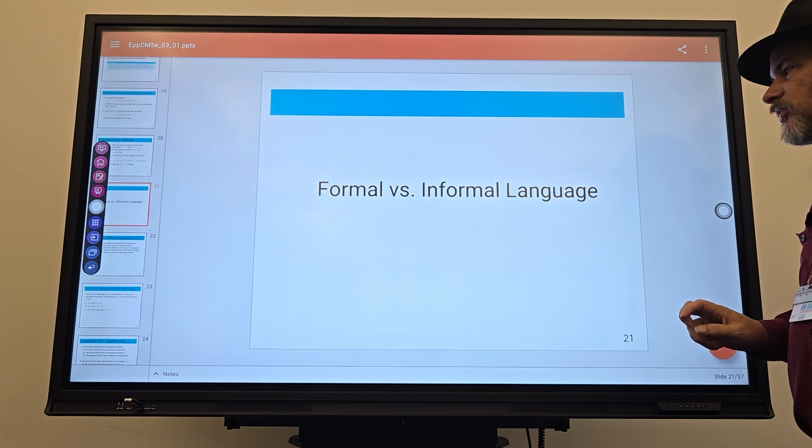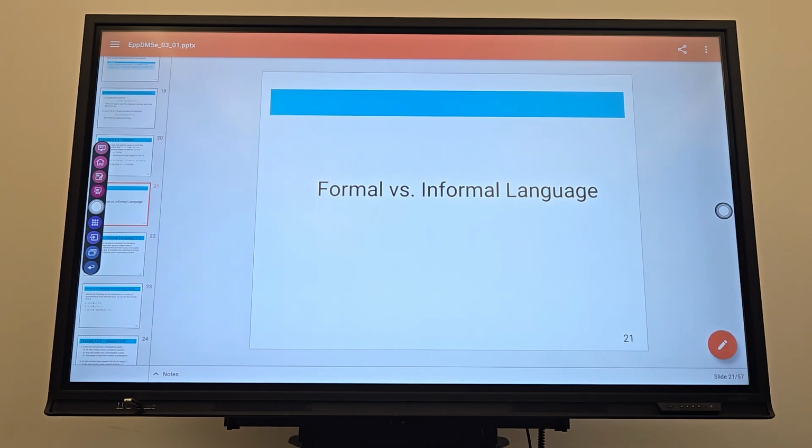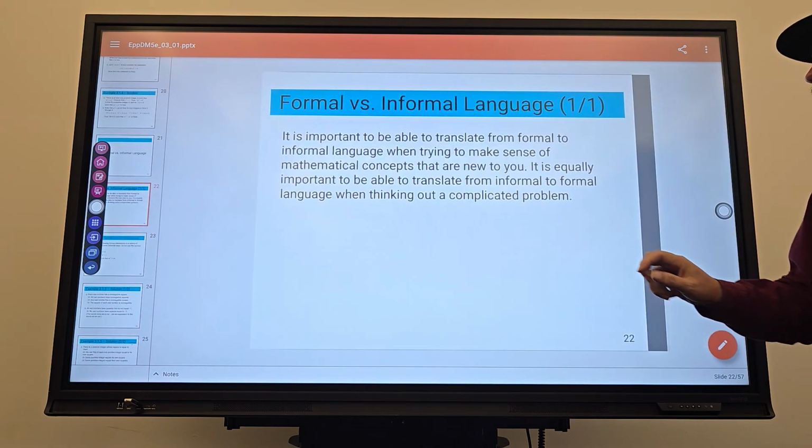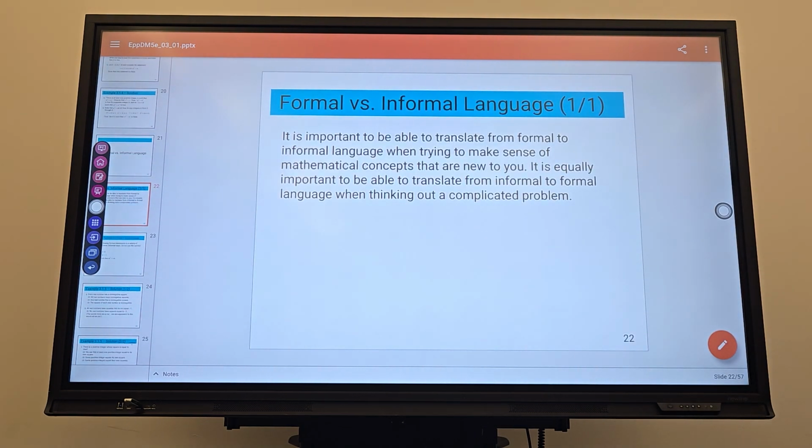Formal versus informal language. We've been doing this already to some degree. It is important to be able to translate from formal to informal and from informal to formal to make sense of mathematical concepts that are new to you, and when you want to think out a complicated problem.